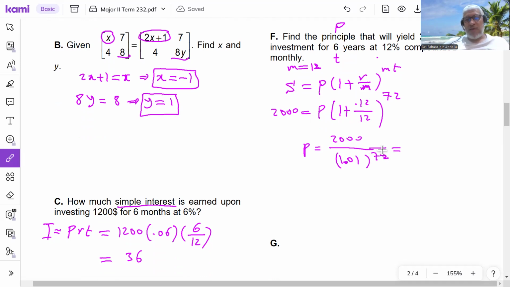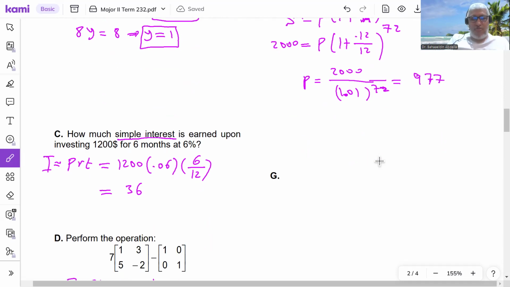And I put it in the calculator, 2000 divided by 1.1 to the power 72, and the answer would be 977, after rounding up. So to the power 72, the answer is 976.99. So it would be $977.